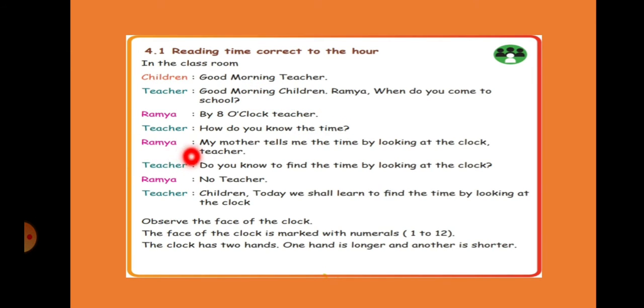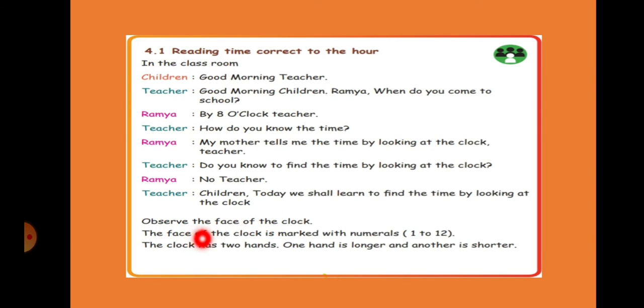Ramya will say, my mother tells me the time by looking at the clock, teacher. Then teacher will ask, do you know how to find the time by looking at the clock? Ramya says, no teacher. Teacher will say, children, today we shall learn to find the time by looking at the clock. So now we are going to learn time.